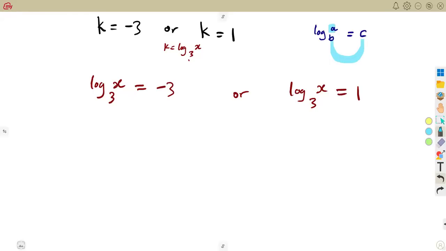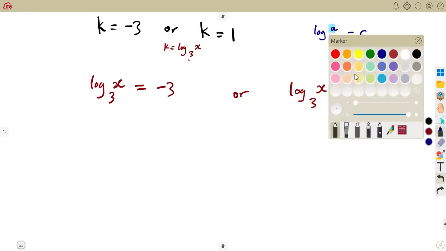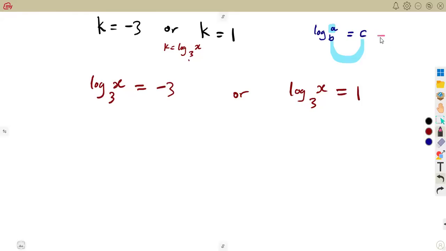It's a conversion which is done from one format to another, from log to exponential or from exponential to log. So this a is equal to b to the exponent of c. So in this case, this is our a, this is our b, this is our c.